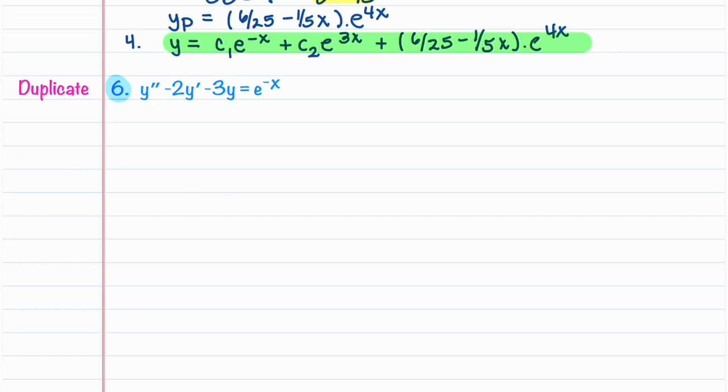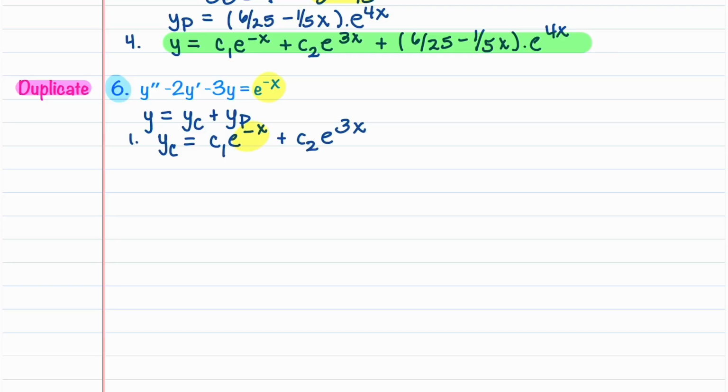Now let's look at our last example. This example is really important because our right-hand side is actually a duplicate of the homogeneous solution. Our y is equal to yc plus yp. Y sub c is equal to c1 e to the minus x plus c2 e to the 3x.